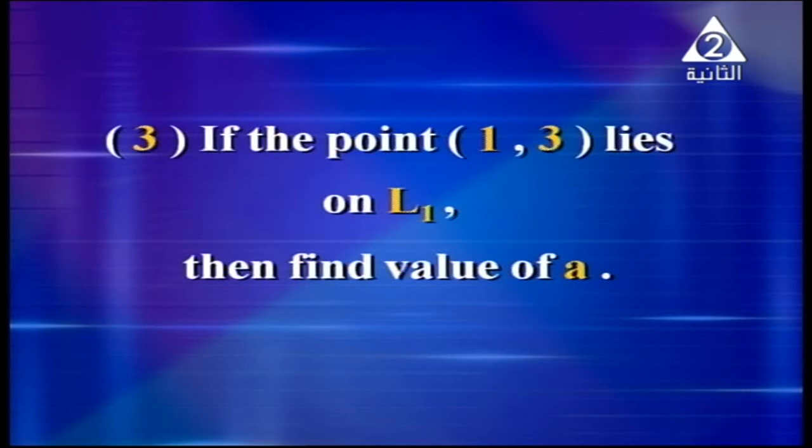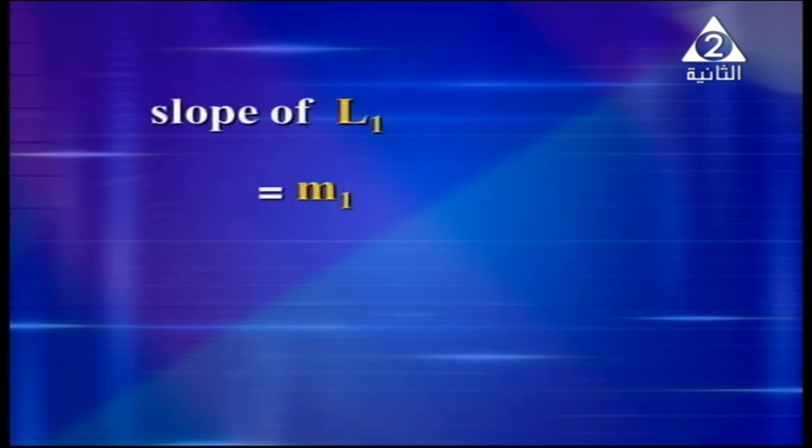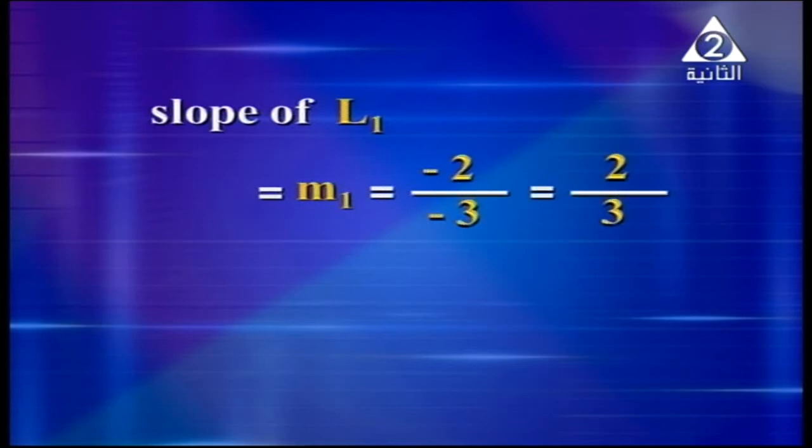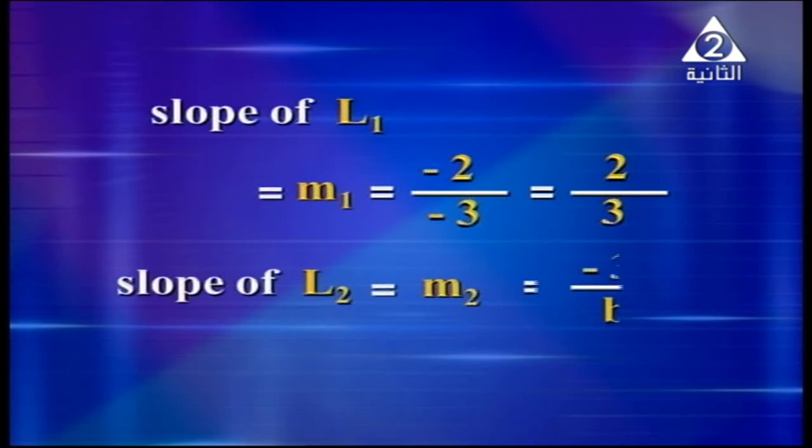First of all, to make the two lines parallel, try to find their slopes first. The slope of L1, M1, equals negative 2 over negative 3, which is equal to 2 over 3. What about the slope of L2? It will be denoted by M2, and it is equal to negative 3 over b.